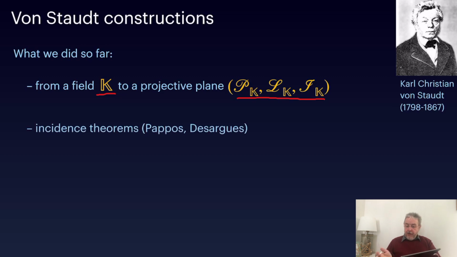What I showed you, for instance, was that if we do that, then certain incidence theorems, like the theorems of Pappos and Desargues, hold within that geometry. But if you remember the proofs that we did for Pappos and Desargues, they relied on calculations. And being dependent on calculations means that we somehow depended on the field.